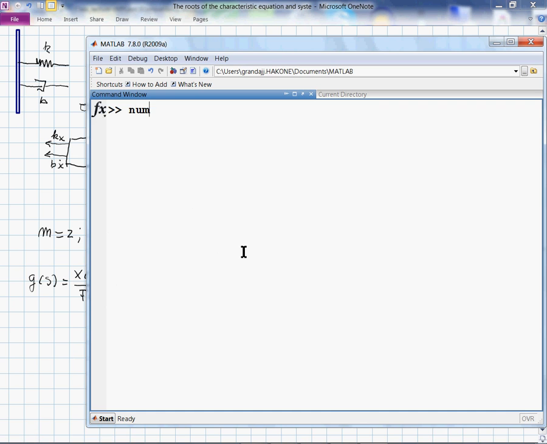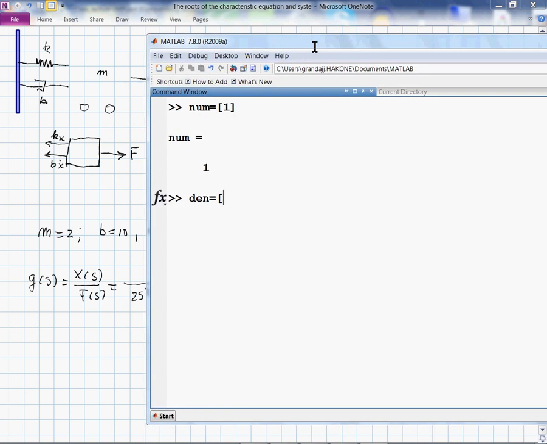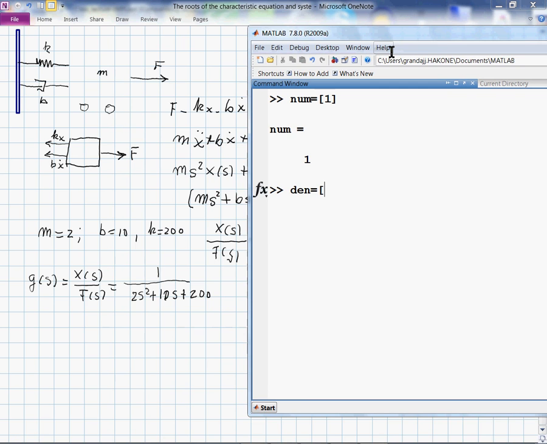The numerator is 1, and the denominator is 2 s squared plus 10 s plus 200.